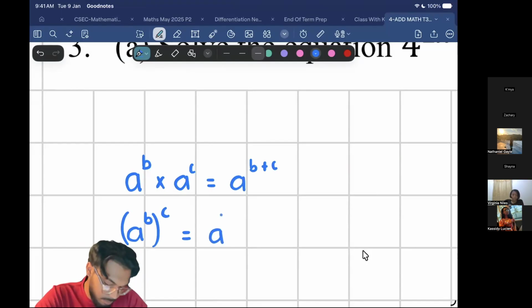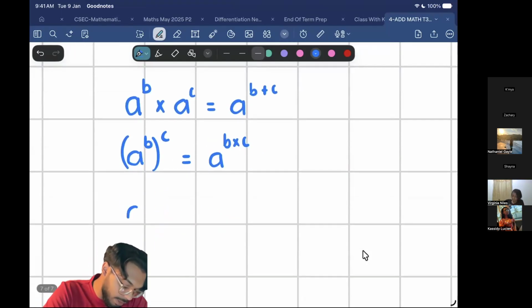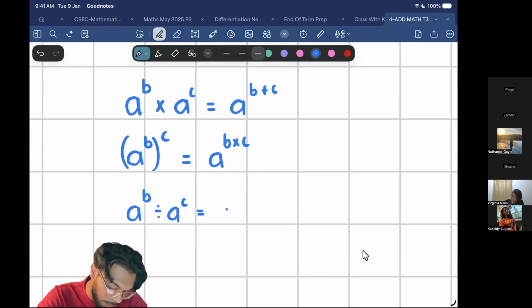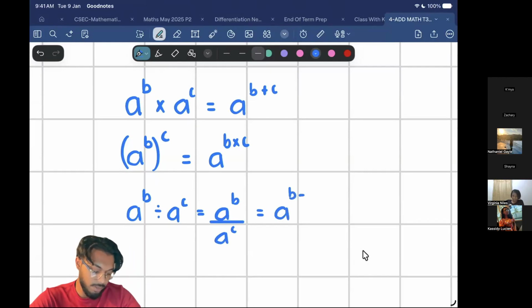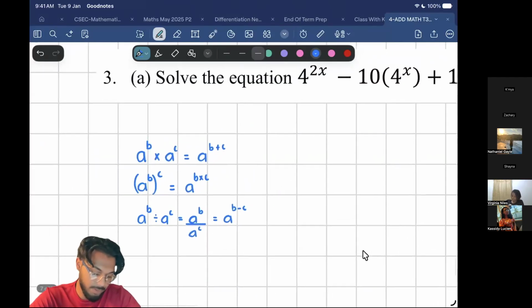You multiply the powers. And if I had a to the power b divided by a to the power c, or alternatively a to the power b all over a to the power c, what would that be equal to? a to the power of b minus c. Good. Now I know this.